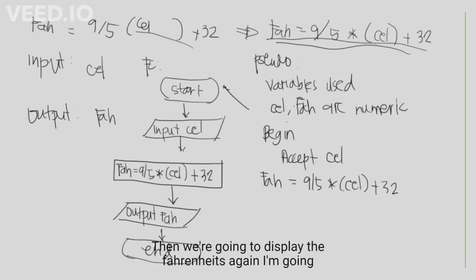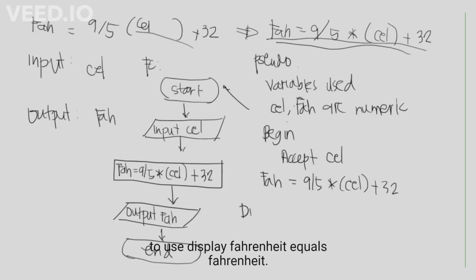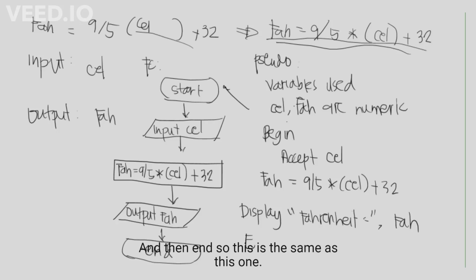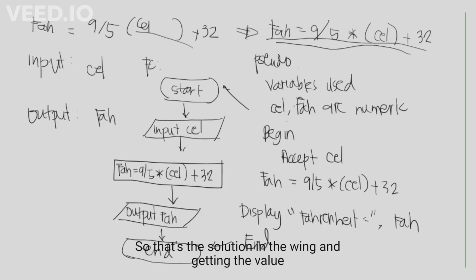Then we're going to display the Fahrenheit. So again, I'm going to use display Fahrenheit equals Fahrenheit, and then end. So this is the same as this one. So that's the solution in getting the value of Fahrenheit, both flowchart and pseudocode.